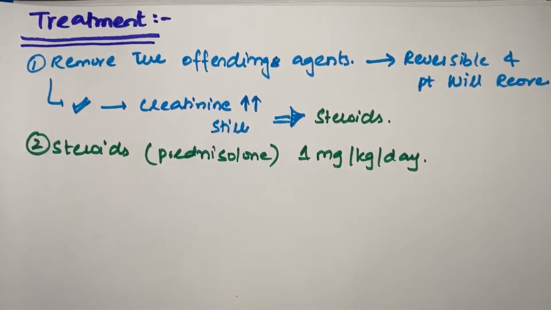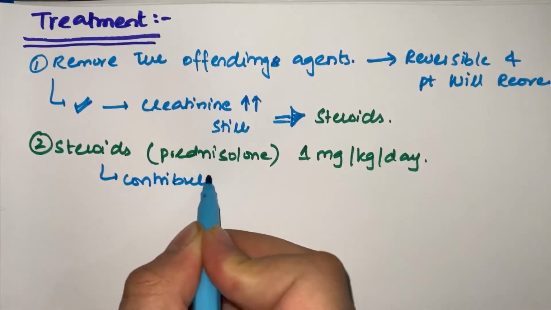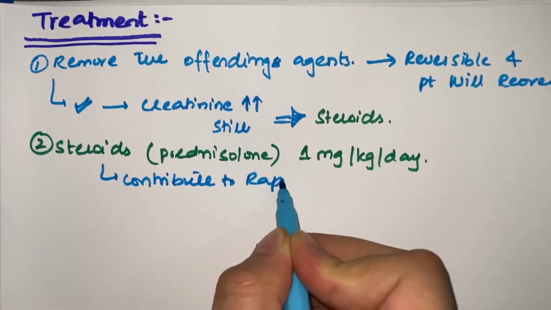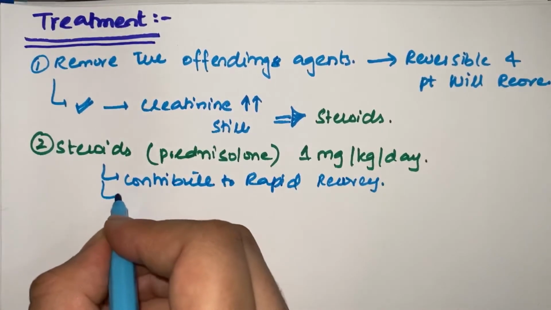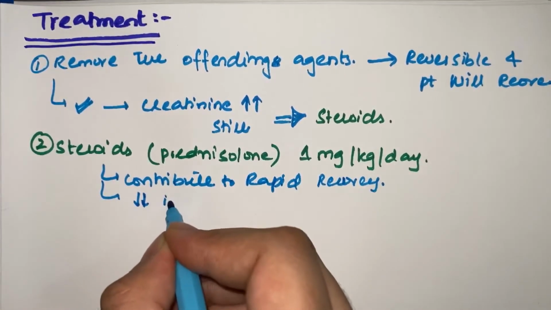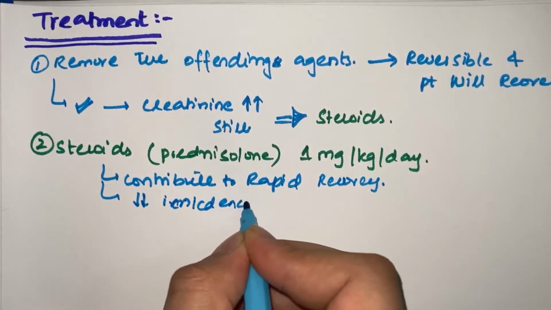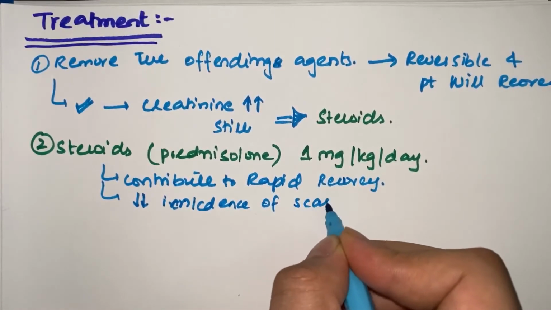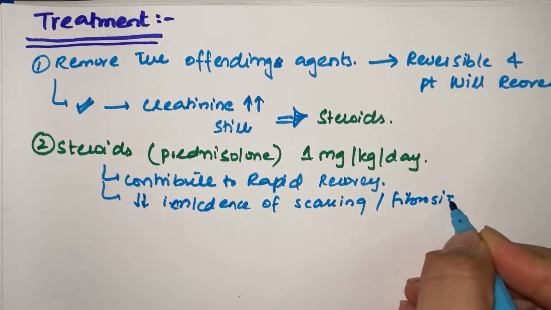Now, what is the benefit of these steroids? It will perform two very important tasks for us. First of all, it will contribute to the rapid recovery from the disease. And secondly, it reduces, I repeat, it reduces the incidence of scarring and fibrosis.